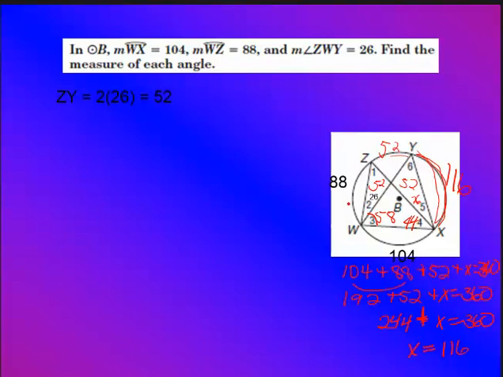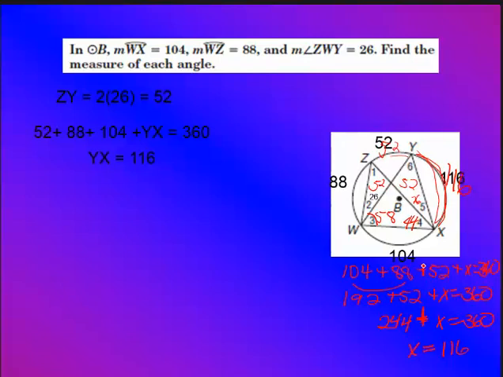Same thought, just in a different order. We took 26, multiplied it by 2 to get 52 here. Then we found this missing arc by adding everything together, just like we did over here, and getting 360. Cut to the chase, and it became 116.